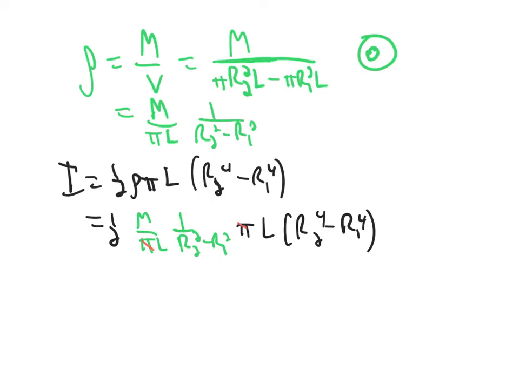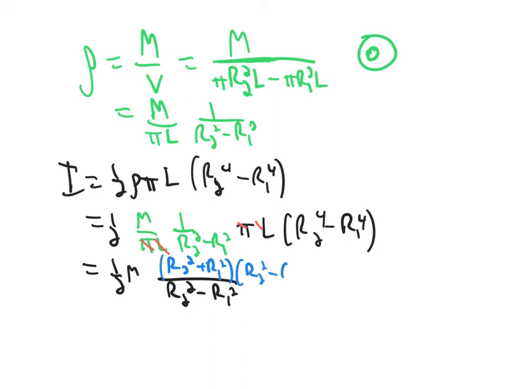The pi's go away, the L's go away, and then, warming the heart of Algebra 1 teachers everywhere, we recognize that R2 to the fourth minus R1 to the fourth is the difference of perfect squares. So we have 1/2 m out here. On the bottom, we still have R2 squared minus R1 squared, that's from the density. But on the top, we can write this as (R2 squared plus R1 squared) times (R2 squared minus R1 squared).